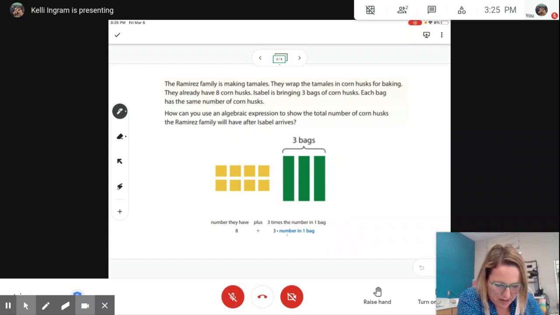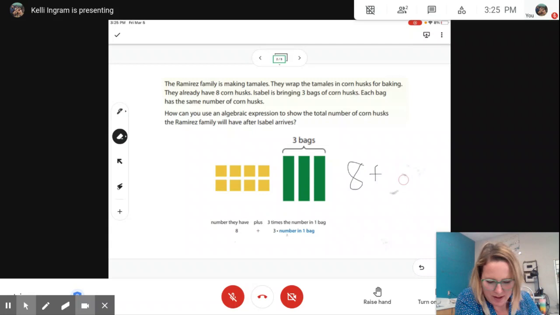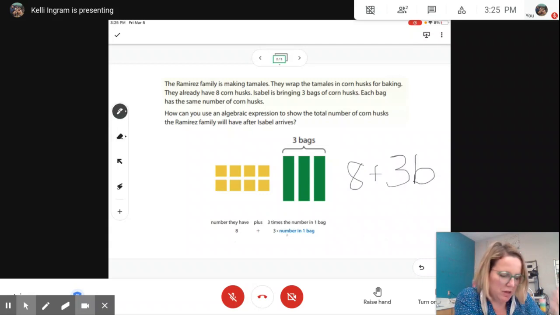We could also think the number that they have is 8 plus 3 times the number in the bag. So when I write that with a variable, it'd be 8 plus 3 times the number in each bag.